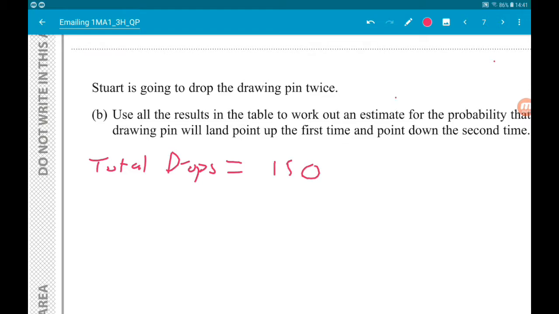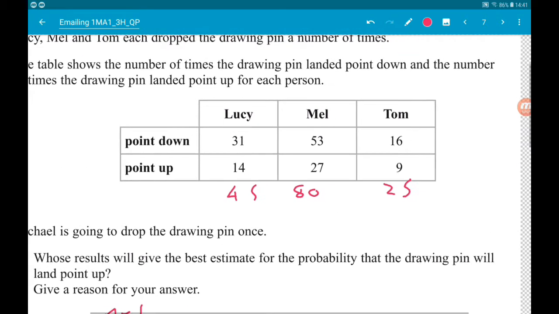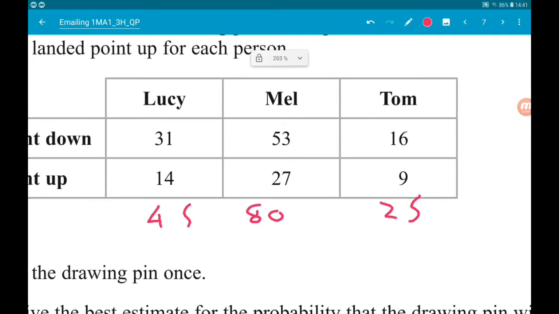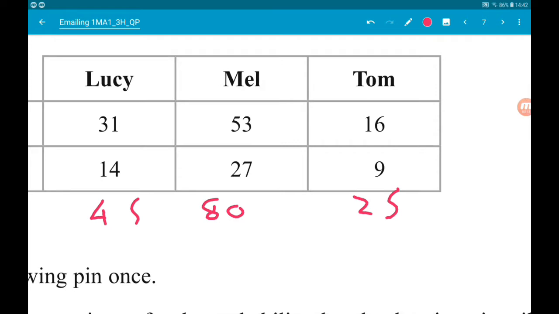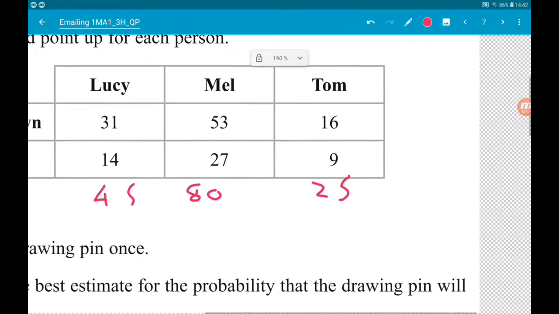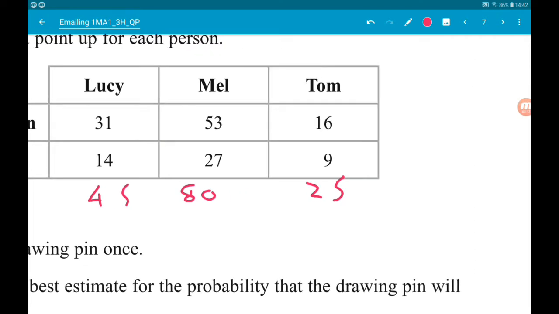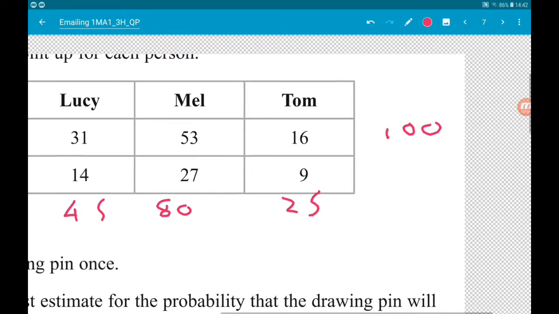Now from that, we work out the total number of times it landed down. 31 add 53 add 16 is 100. So that means it landed up 50 times.